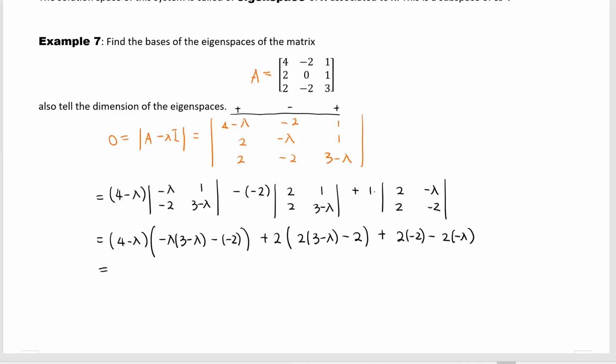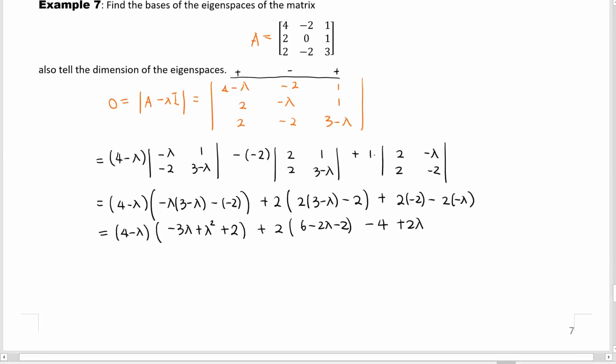So let's calculate what this is. This is negative 3 lambda plus lambda squared, and then plus 2. This is 2 times 3, 6. 2 lambda minus 2. This is 4 and plus 2 lambda. Okay, if you remember the last example, we had these two entries as 0, so much easier.